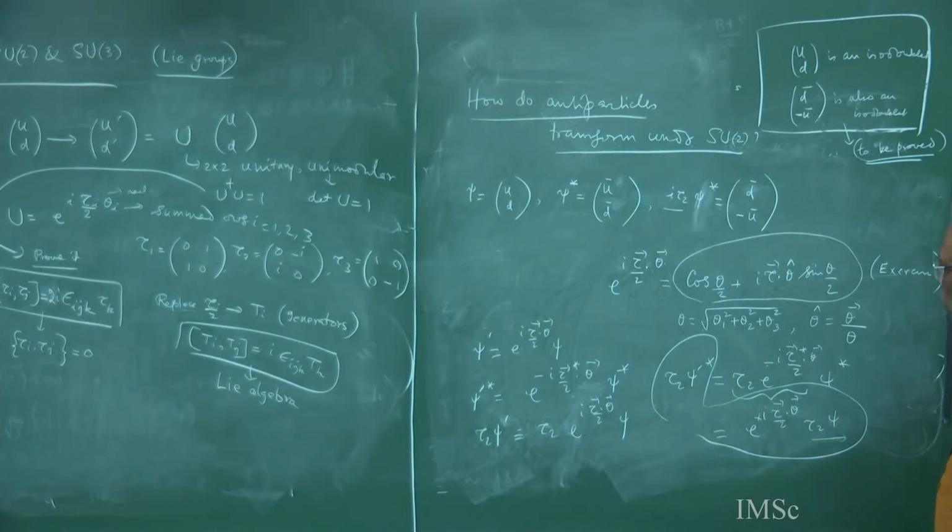So, it is i tau 2 psi star which has to be used for denoting antiparticles. That is what I said here. This d bar, minus u bar, is nothing but i tau 2 times u d, both starred.